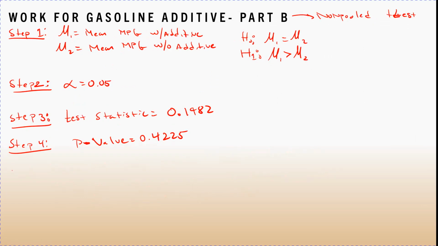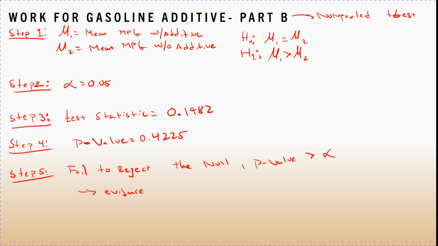If we had run the test this way, we would fail to reject the null, because the p-value is greater than alpha, and we would say that evidence suggests that on average, there is no difference in the mean miles per gallon.